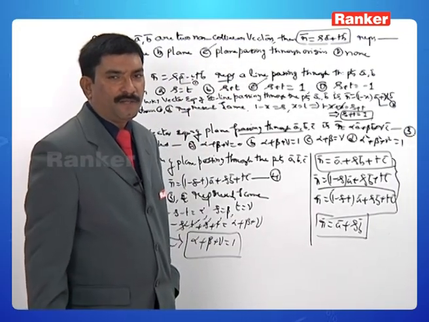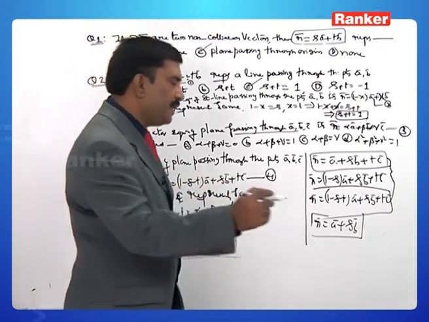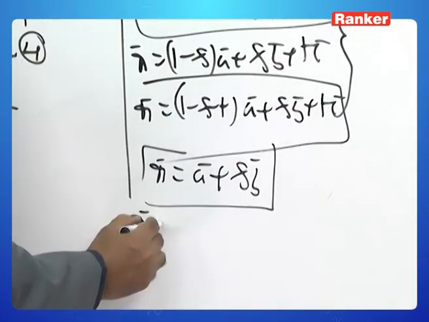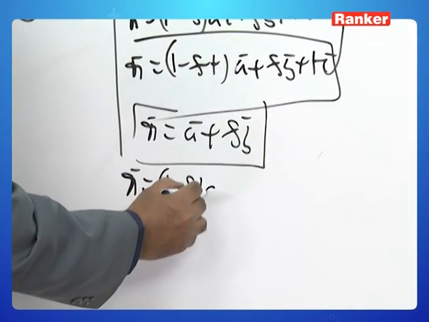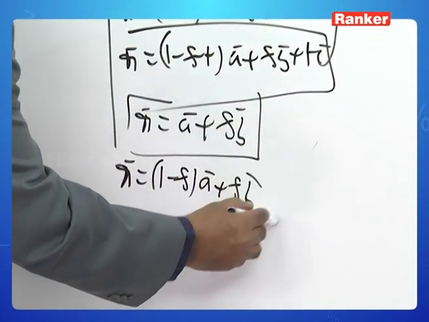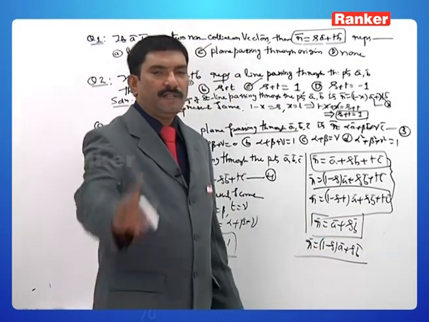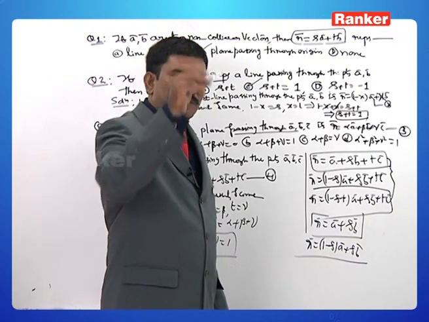The next, the vector equation of a straight line passing through two collinear points is R bar is equal to (1 minus s) into A bar plus s B bar. These two are line equations. If there is one scalar, it's a line equation.